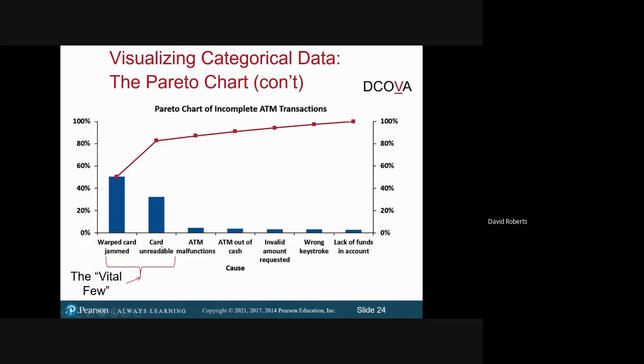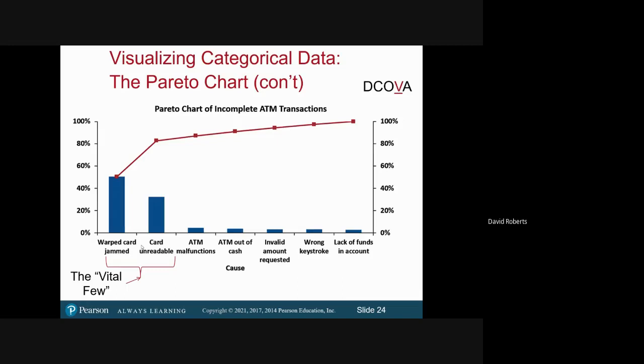So what we have here is a bar chart. You can see the percentages of warped cable, jammed, card unreadable, etc. If you're looking at quality, you're asked to find out what the quality issues are. So you go out and you measure them, you get your data, and then you need to present it to management or other people on your team.